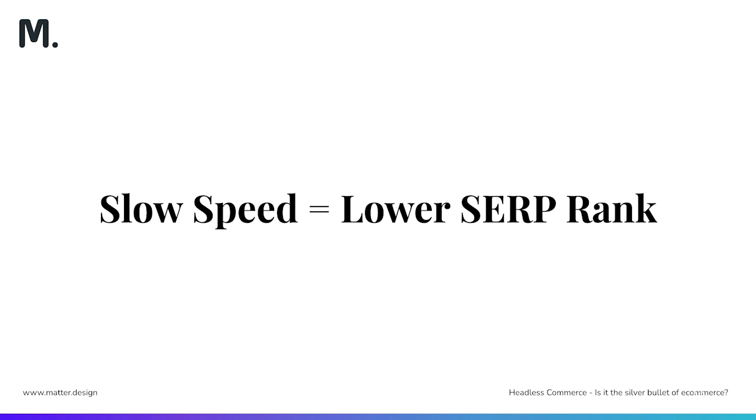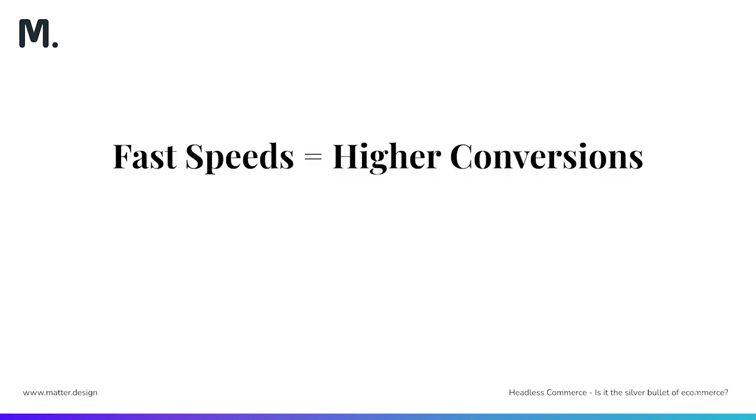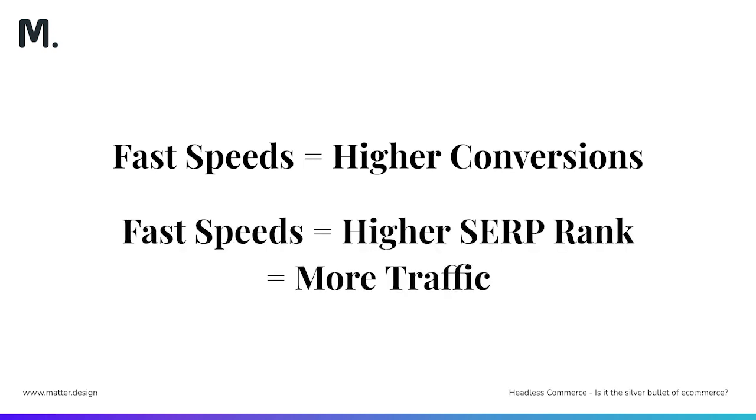And this should coincide with an SEO strategy so that you can gain more traffic from organic search results. So what we can see is that fast speeds equal higher conversions, and fast page speeds also will equal a higher search engine results page rank, which will in turn equal more traffic.